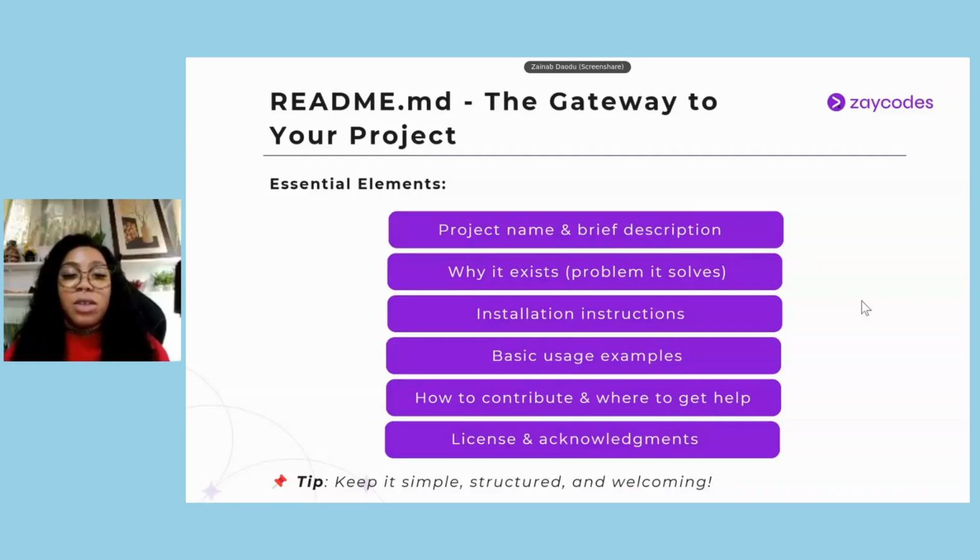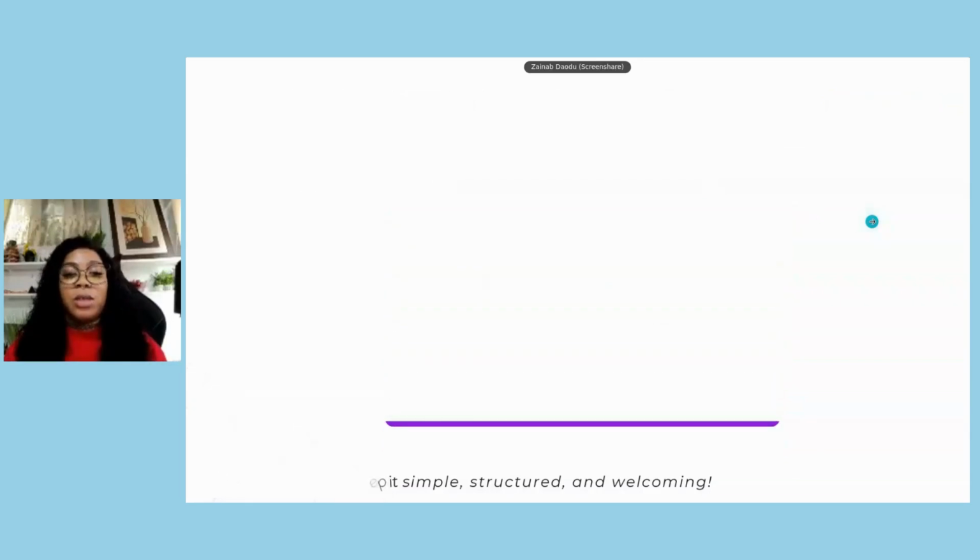Installation instructions, basic usage examples, basically a getting started guide, to help contributors or users quickly get started on the project. By the time they are done with the README file, they should understand where they need to go next or what they need to do next, depending on why they are on that open source project.